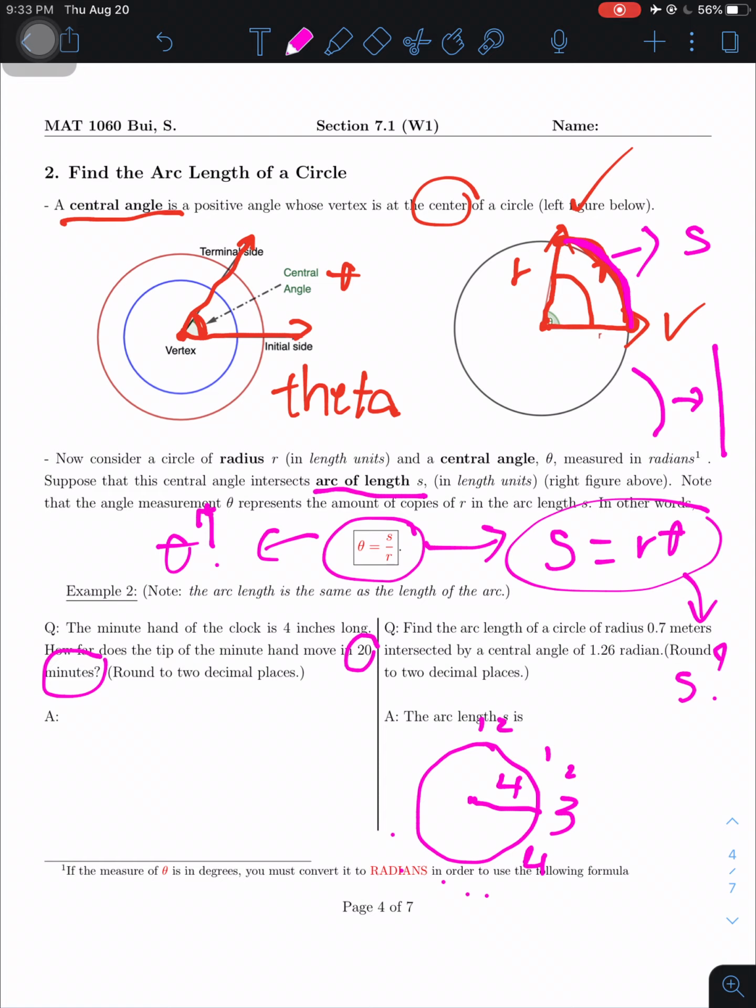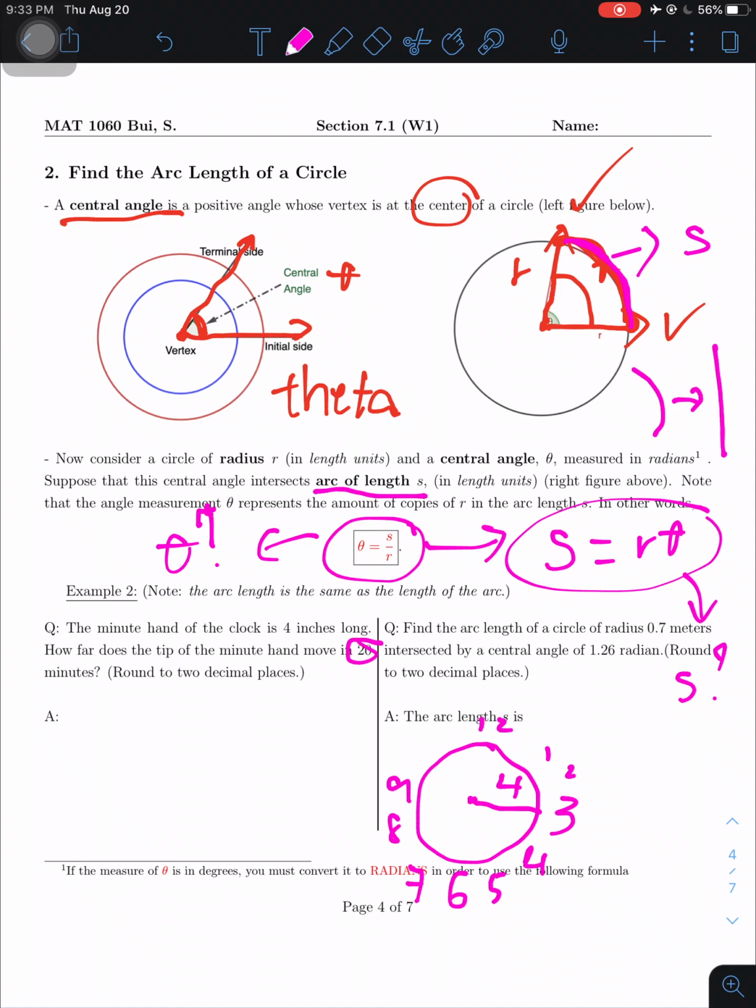Let me mark out some angles for convenience. Let me backtrack a little bit. So this is 4 and this is 5 and this is 6 and 7, 8, 9 and 10 and so on, if you want to notate them all.